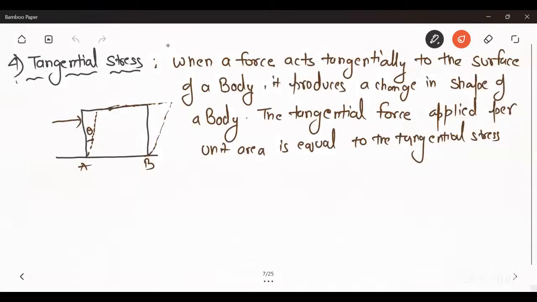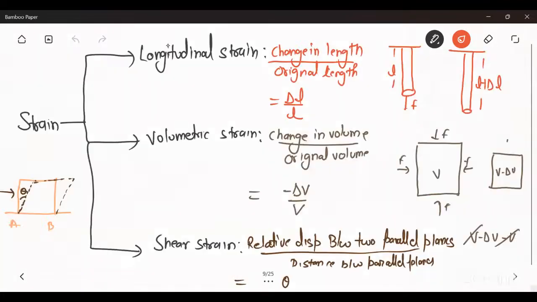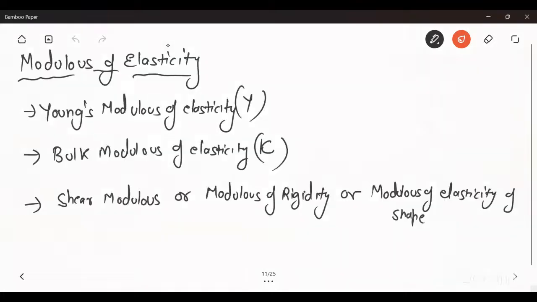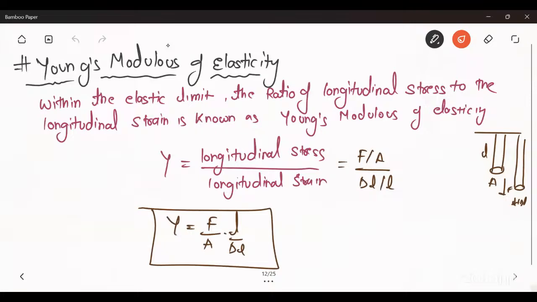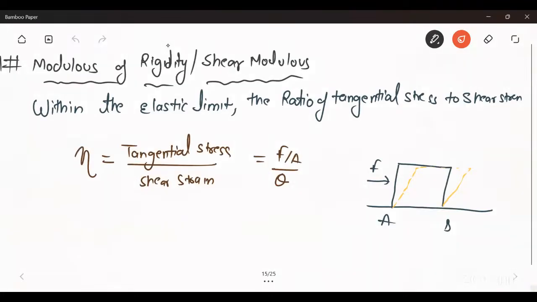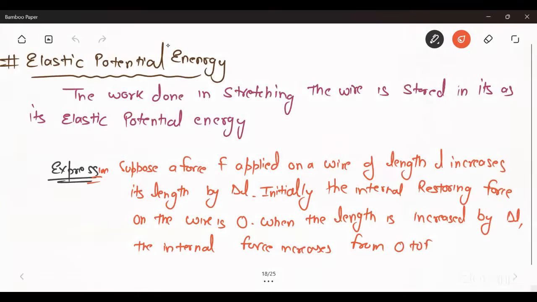Next, we have discussed about the strain, types of strain, longitudinal strain, volumetric strain. Next, Hooke's law, modulus of elasticity, types of modulus of elasticity, its unit, and lastly, compressibility, Poisson ratio and elastic potential energy.